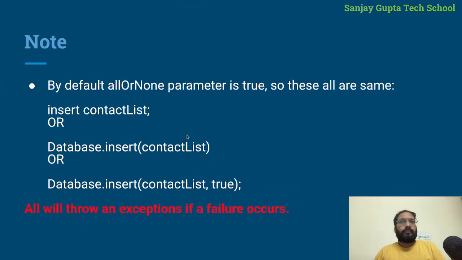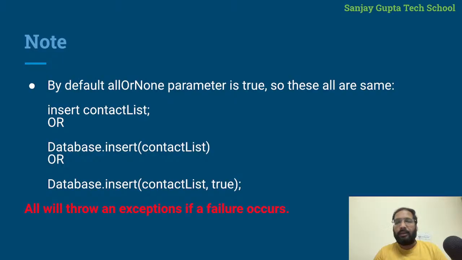Okay, now this is also important. I don't know why it is breaking, so I am just going to explain it again. If you write insert contactList, or Database.insert and you pass contactList, or contactList comma true, all 3 statements are the same.